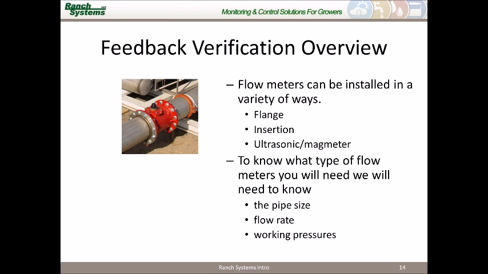If it's pulling directly from a river, for example, and there's large particulates, it's a good idea to take that into consideration, because large particles passing across the flow meter mechanism can damage it internally. So keep that in mind, and choose the specific flow meter according to how it's going to be used.